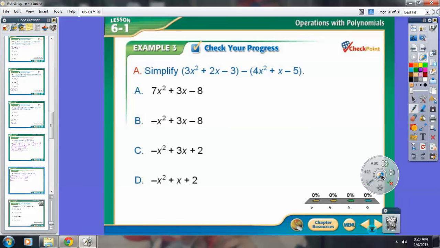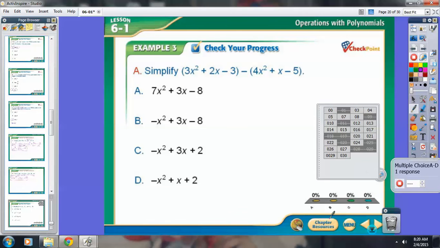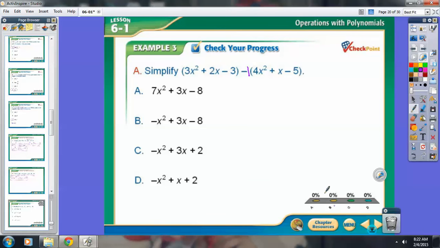This one is a multiple choice problem I would like for you to do on your clicker. You go ahead and simplify. So I'm going to bring down the first expression. -1 times 4x squared, negative 1 times x is x.